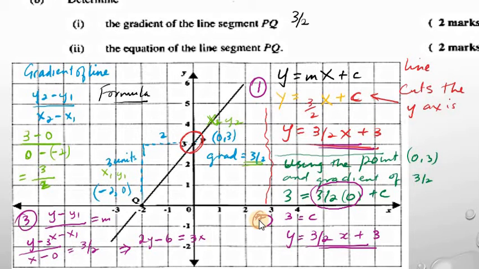So 2y is equal to 3x plus 6. So y is equal to 3 on 2 x plus 3. This is method 3. So the equation of the line is y is equal to 3 on 2 x plus 3. These are the three methods that were used to find the equation of this line.